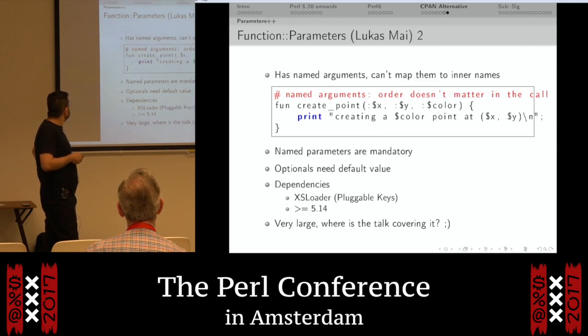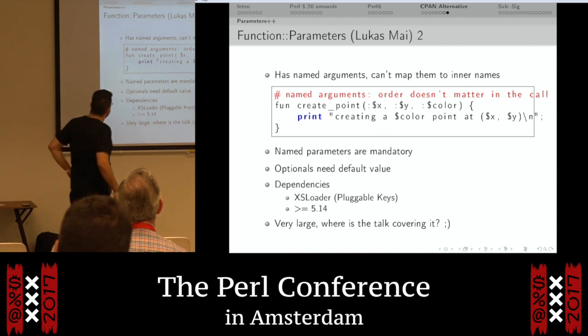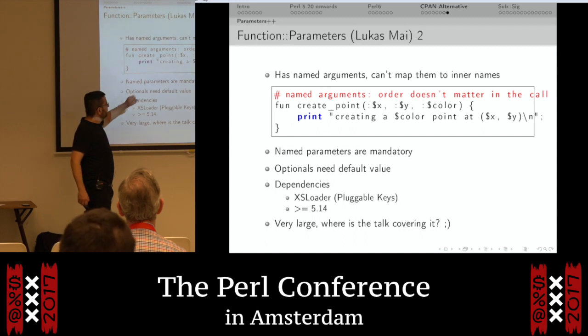It's very large, and I'm trying to trigger Lukas to give a talk about it. He says probably he will give a lightning talk on it because I couldn't test it really. I just know the documentation, so I can't give a really good recommendation for it. One thing which is different to Perl6 is that options need a default value.